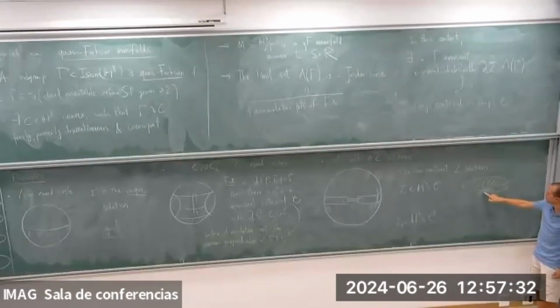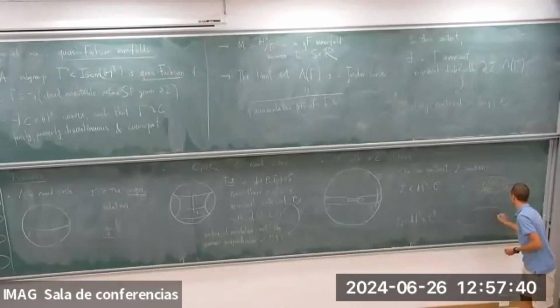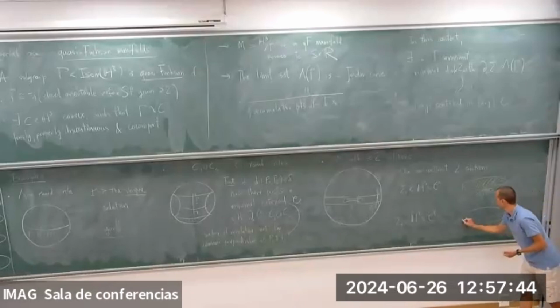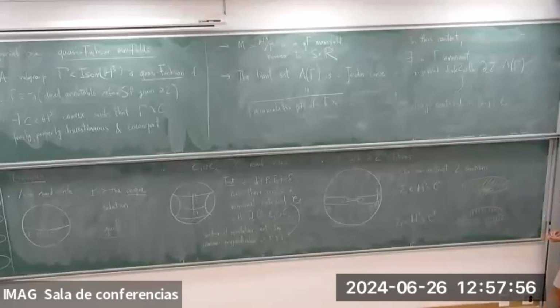But you can do it, and it will be in the complement of this C. And the other one will instead look like, well, you just stay on the side. This will be in the complement of the catenoid.